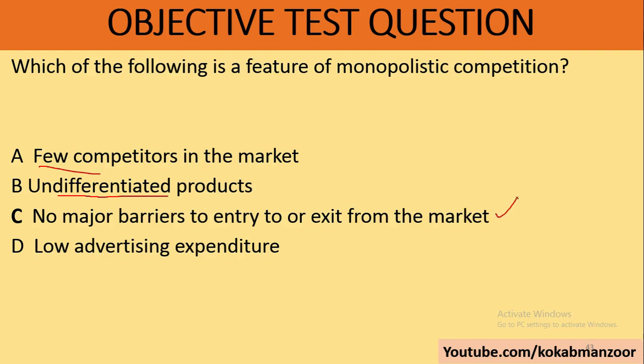Yes, it is the feature, because there are no major barriers. No advertisement cost? There is a high advertisement expenditure. So A, B and D are not the features of monopolistic competition, while C is the feature of monopolistic competition.